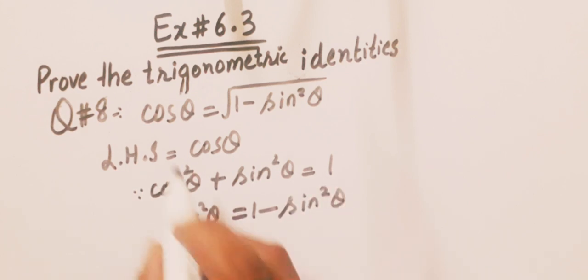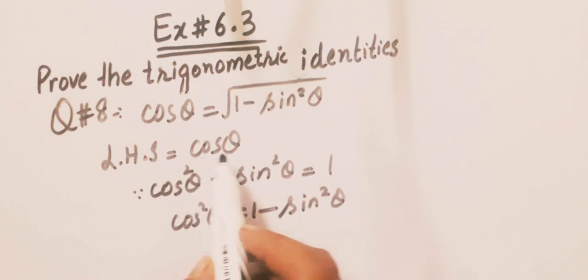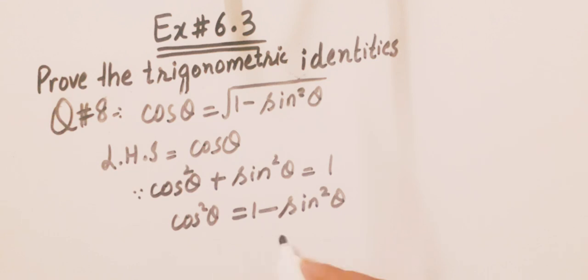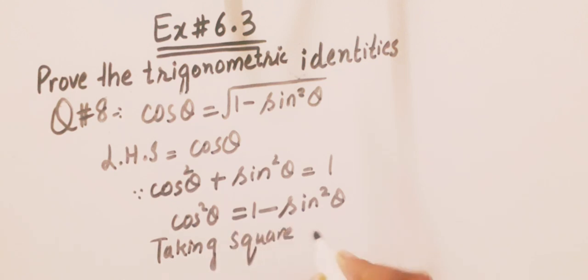Now, in the left hand side we have cos of theta. So, we will make cos square theta as cos theta by taking square root on both sides. We will write taking square root on both sides.